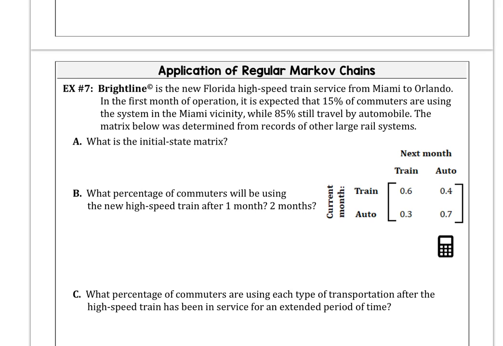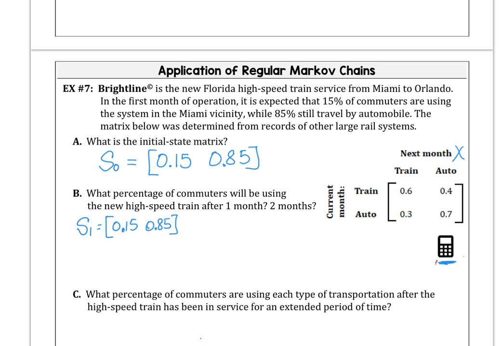Well, the initial state matrix is 15% and 85%. So we're going to call that S sub naught. And what percentage of commuters will be using the new high-speed train after 1 month and then after 2 months? Again, you can use your calculator to figure this out. S sub 1 is the 0.15 and 0.85, and we're multiplying by this particular matrix.